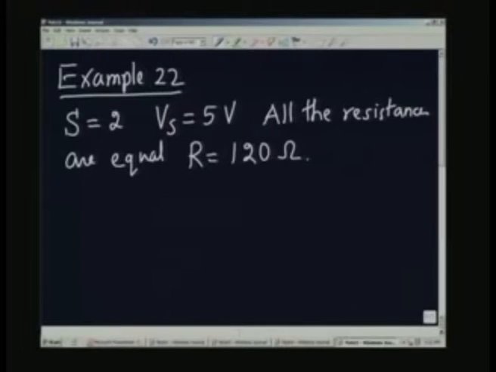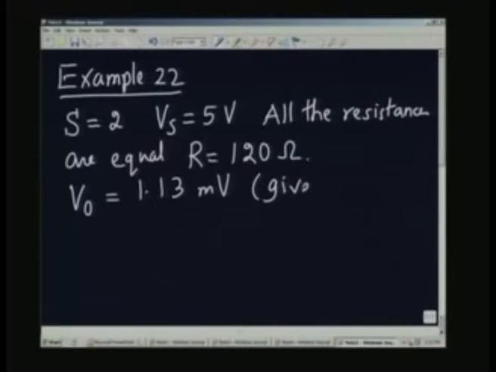We would like to see what kind of strain we are going to get if the output voltage is measured. Suppose V0 has been measured to be equal to 1.13 millivolts. How we measure such a small voltage, we will come to a little later on. So, this is given.